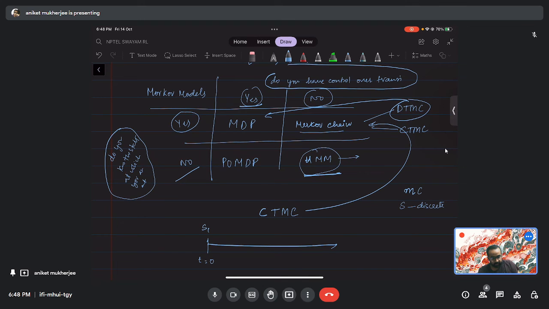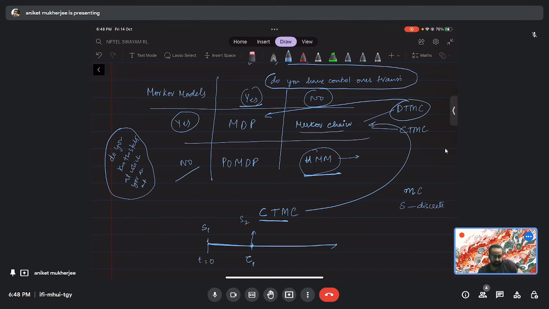So in a CTMC, what happens is it waits for a random time tau. This is tau 1, and then it jumps to some state S2.